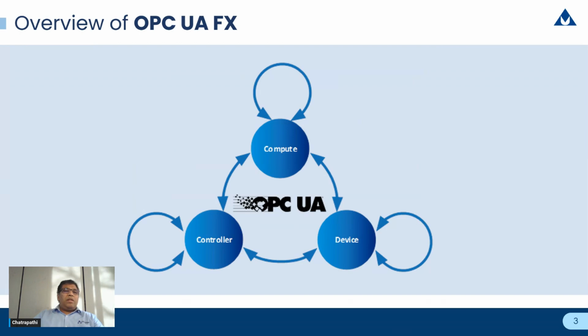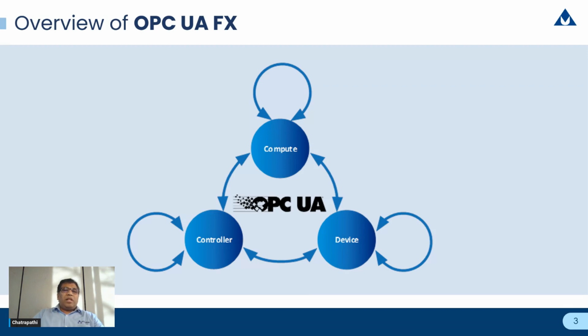So this is a very high-level communication model within the OPC UA FX standards. There are different communication channels that are possible here: compute to compute, compute to controller, controller to device, device to compute, device to device, and the most important, controller to controller communication.